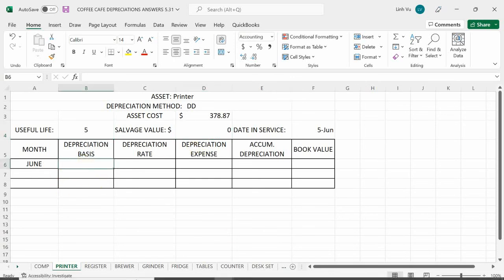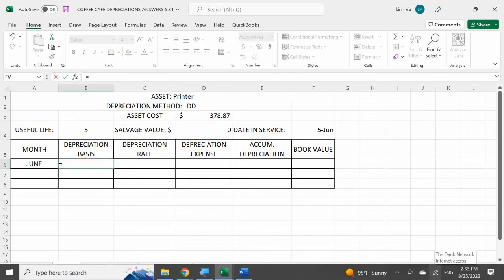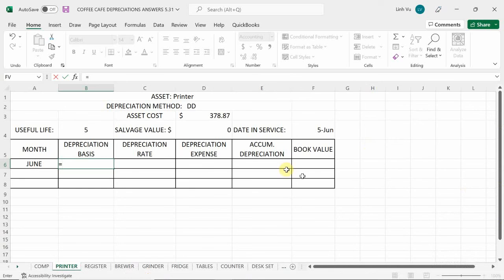What would be my depreciation basis? It will be the 1834.84. Yes. This is the beginning of the year's book value, so the day that you buy it will be the beginning of its book value. So in this case, that will be 1834.84. Okay. What is the rate going to be?